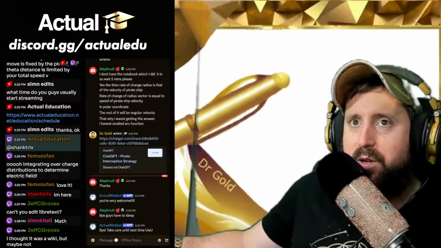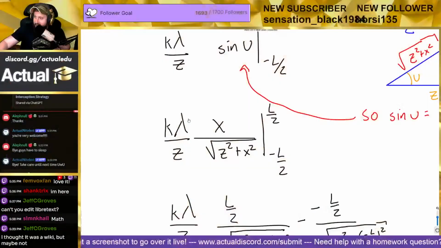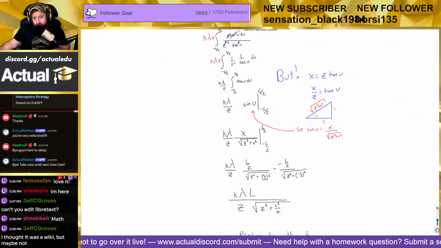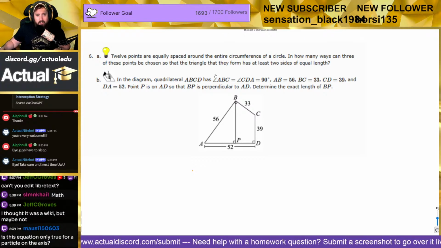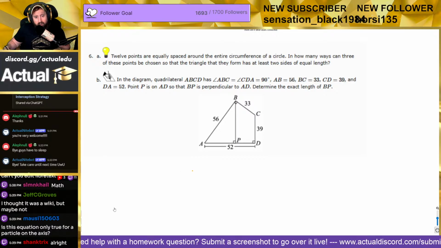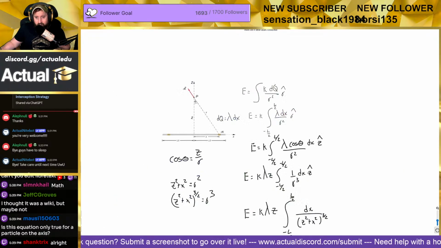Okay, here, let me help out your question, Shantrix. Math. We love math. Okay, we're going to do some math. It is only true for a particle on the z-axis.